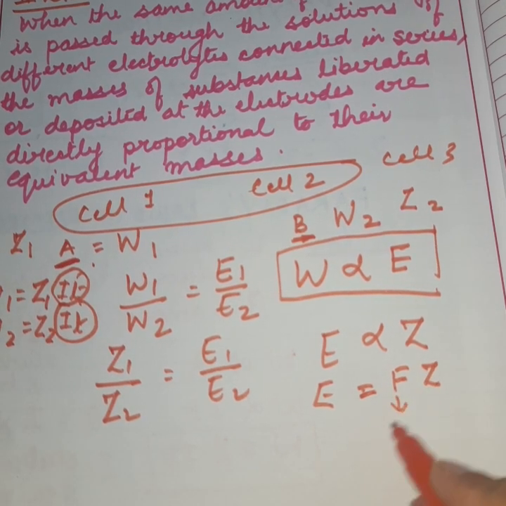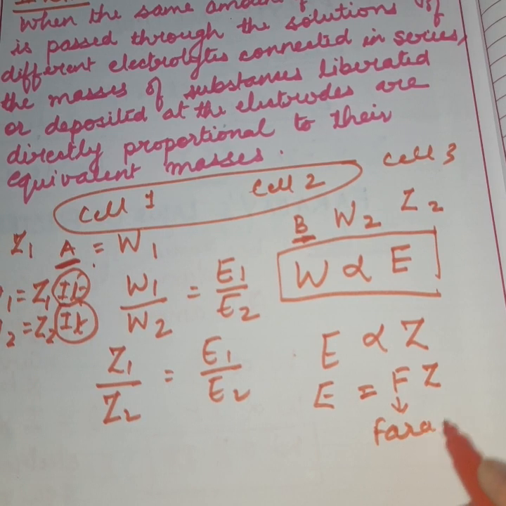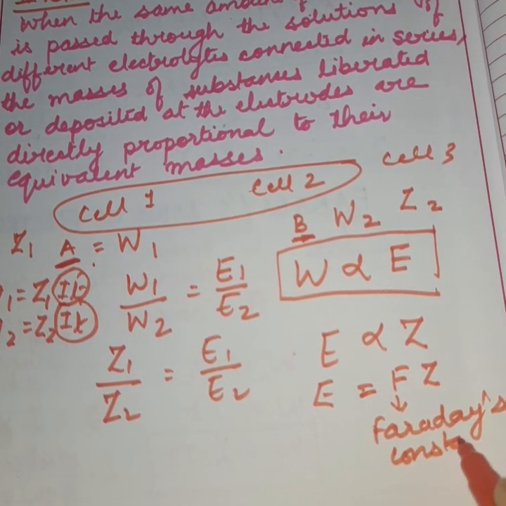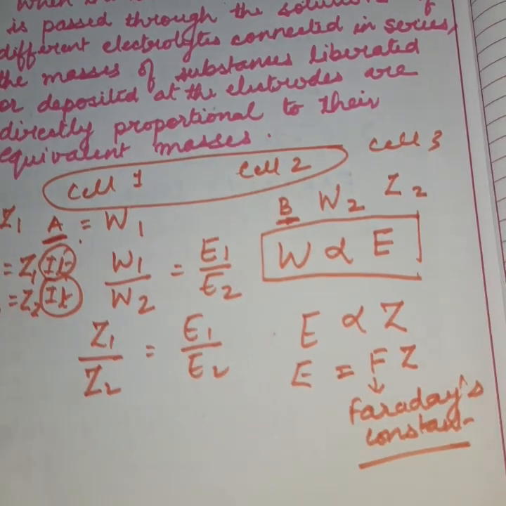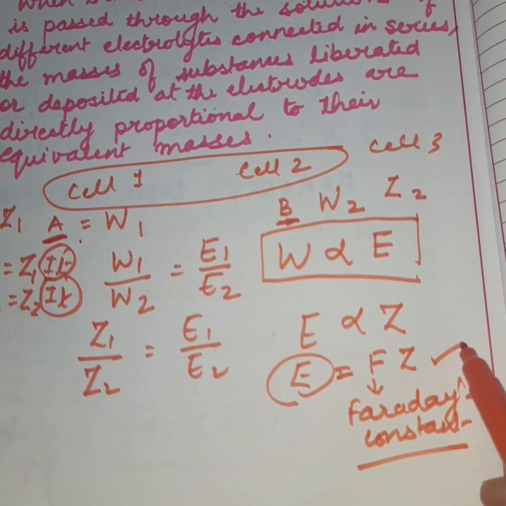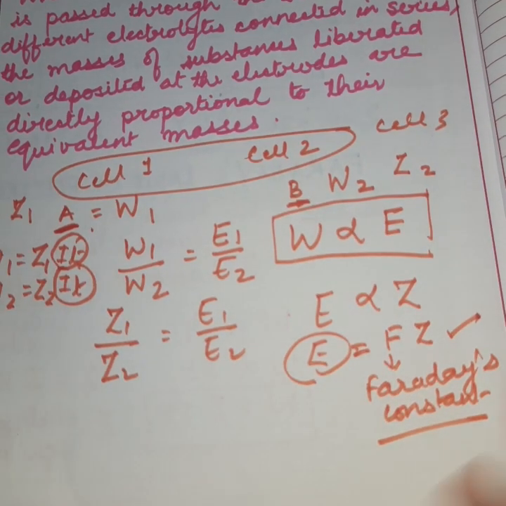What is this F? F is Faraday's constant. So you can see how equivalent weight is connected to the electrochemical equivalent also.